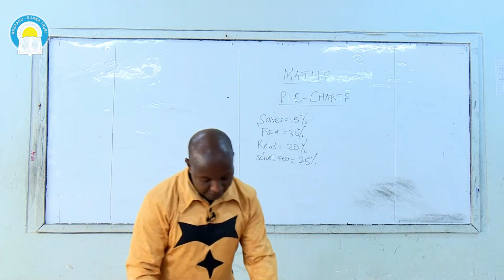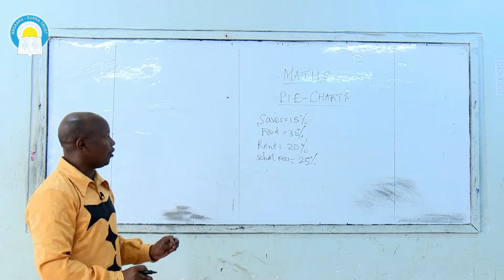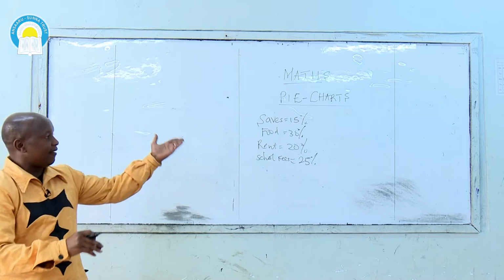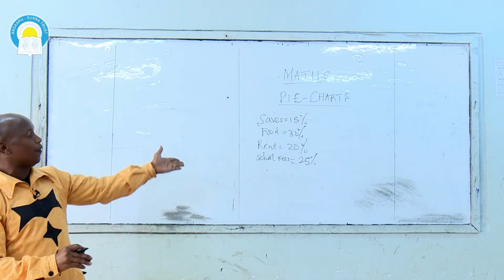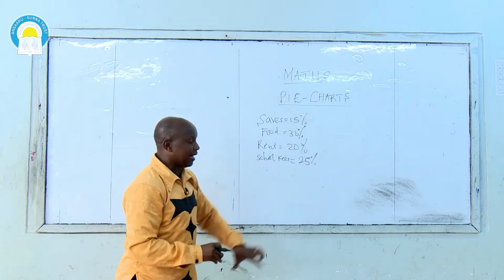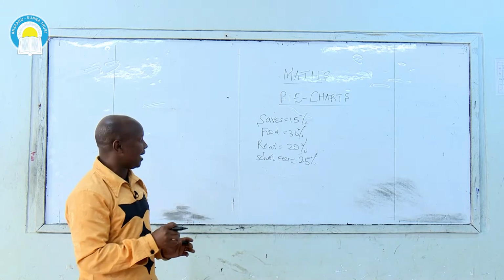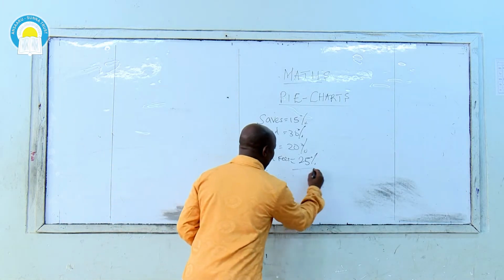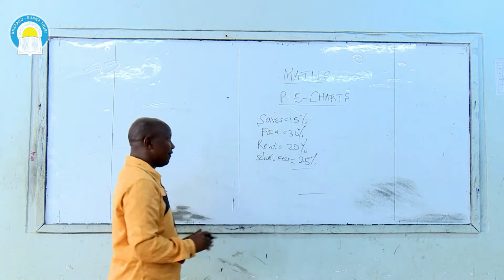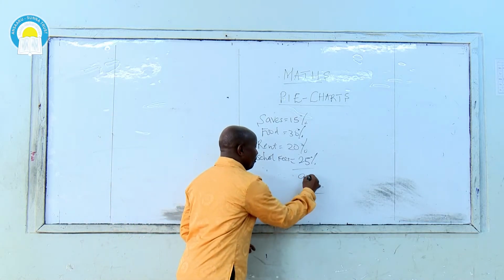So if a pie chart was to be drawn, what angle will represent the saving? What angle will represent food and so forth? Because the whole percentage should add up to 100%, you are supposed to get the total of the percentages of what you are given first. When you add all this, you get 90%.